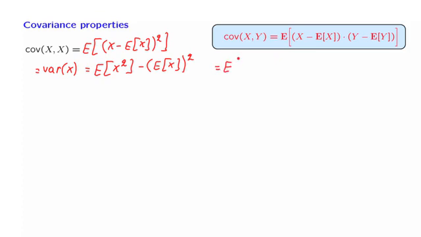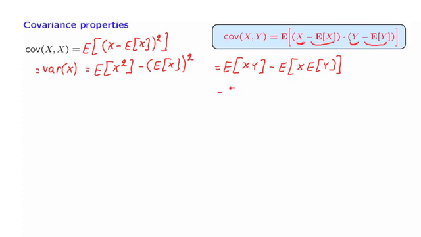We have the expected value of the product of this term with that term, gives us expected value of x times y. Then we take the expected value of the product of this term with that term. And because we have a minus sign, we put it out here. And we have the expected value of x times the expected value of y inside the expectation. The next term is going to be the product of this expected value with y.